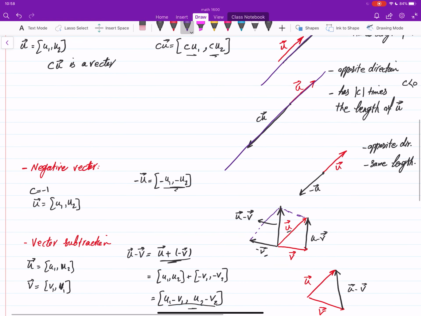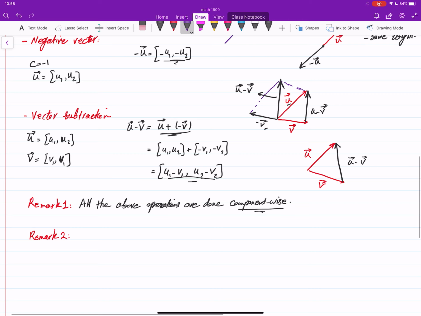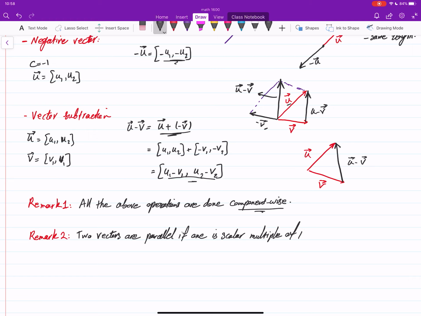And that is why we call two vectors parallel if one is a scalar multiple of the other one. So let me just write this one. Two vectors are parallel if one is scalar multiple of the other one.